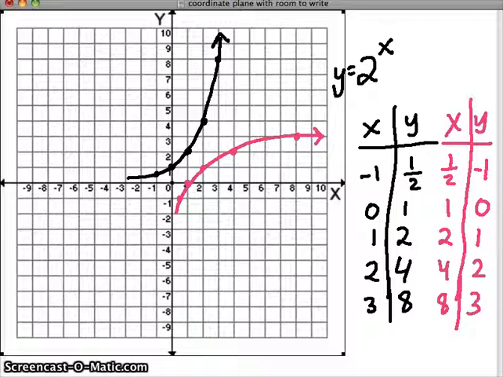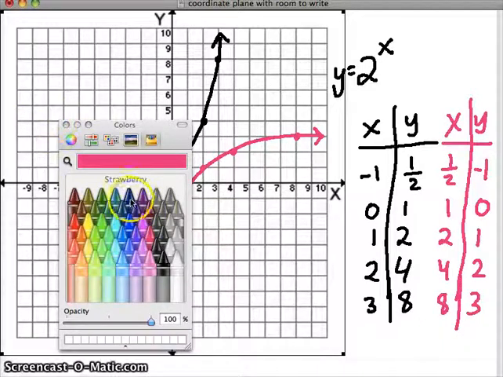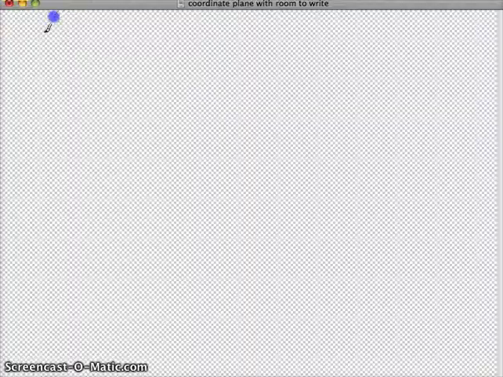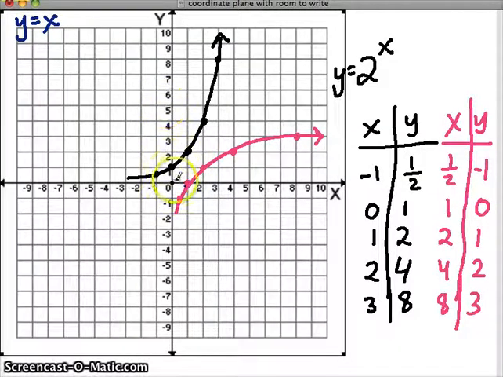And if you remember, inverse functions are always symmetrical across the y equals x graph. So there's one more color here. y equals x is just a linear function with a slope of 1 over 1. So it's basically this line going diagonal. And inverses are reflections across that line.